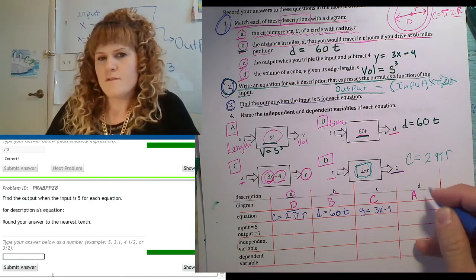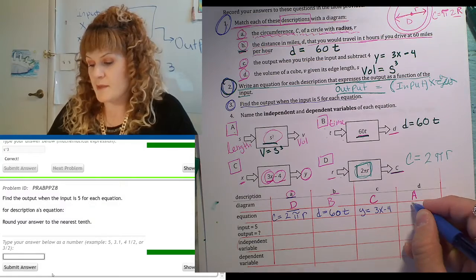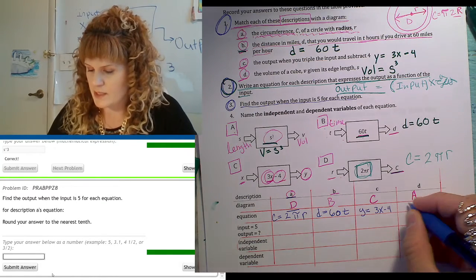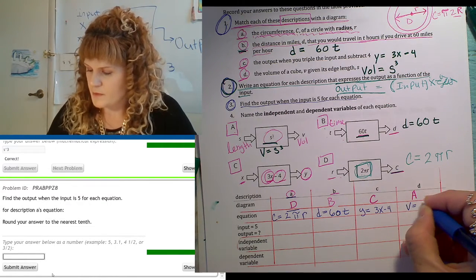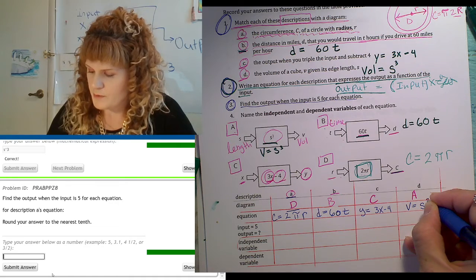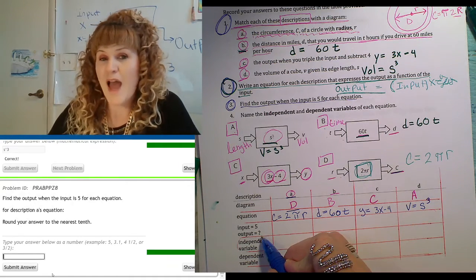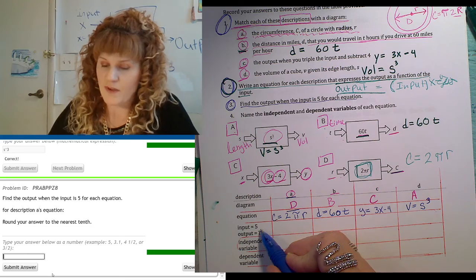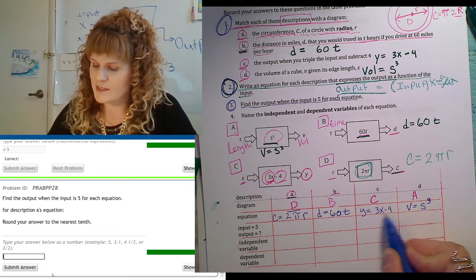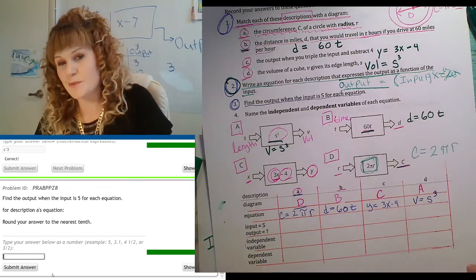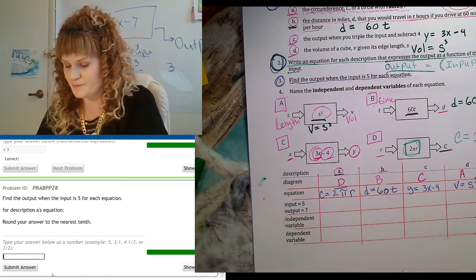And for description D, the diagram is A, and the equation is v equals s cubed. Now, we're going to find the output when the input is 5. I think it's easy just to use the equations. That's why I wanted to stop and write them down.